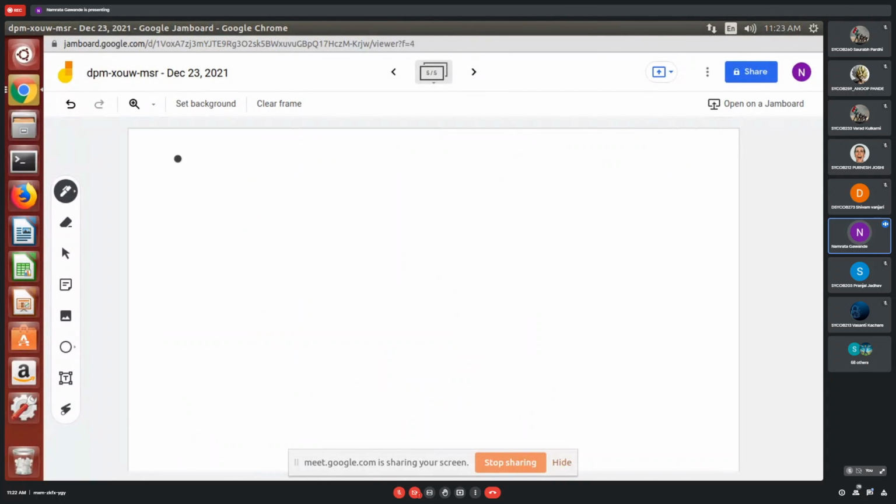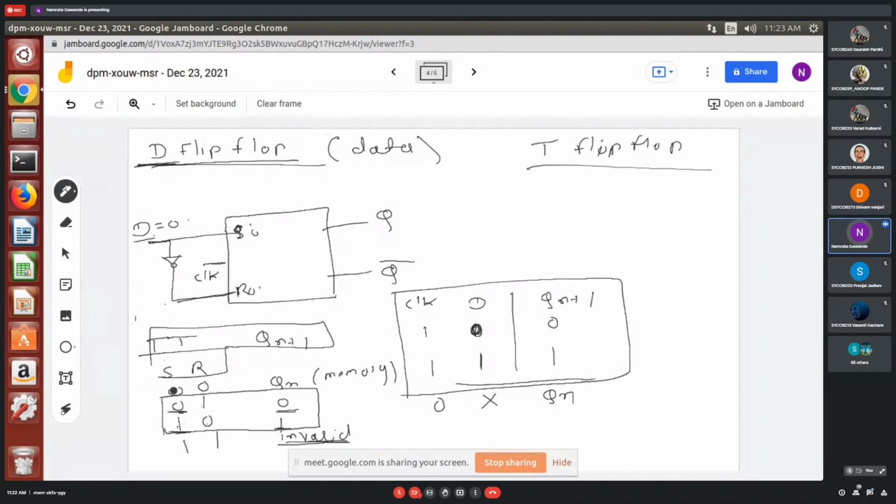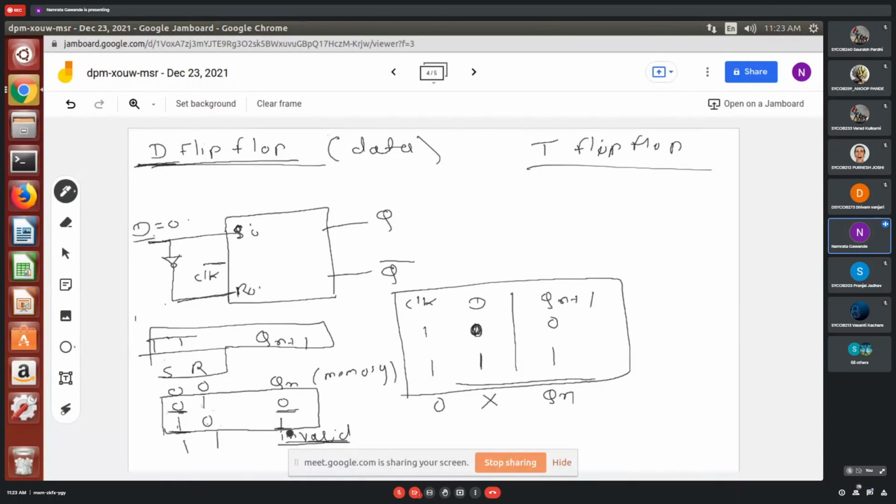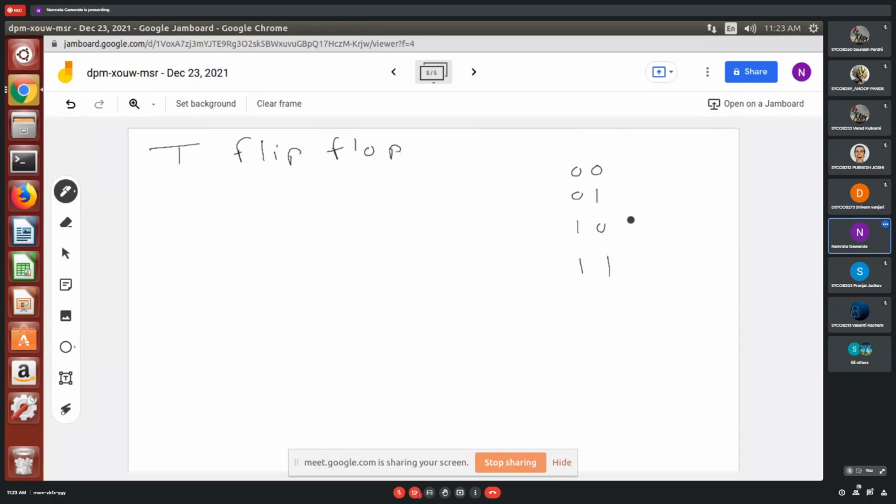Now, what is a T flip-flop? The T flip-flop will work for another two conditions. 0, 0 we have seen, 0, 1, 1, 0 and 1, 1. For 0, 1 and 1, 0 we have seen the D flip-flop.